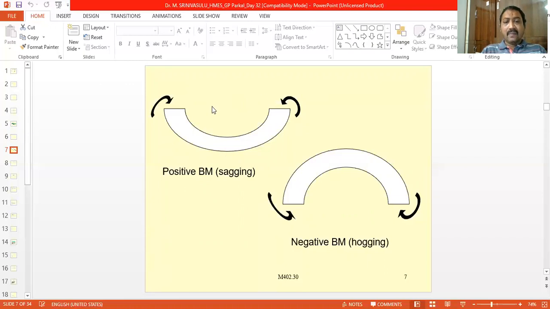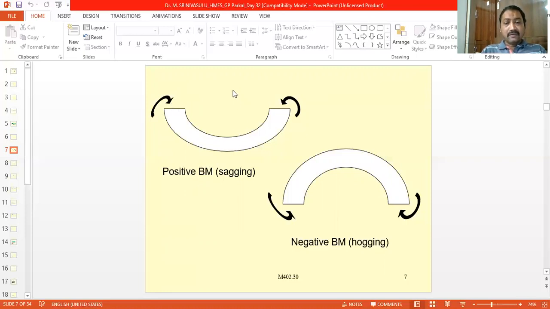So if the moment caused by the shear force is anti-clockwise to the right of the section, then it is taken to be positive. Similarly, for the leftward part, it is the reverse of this one. If it produces a clockwise moment to the left of the section, it is also positive.